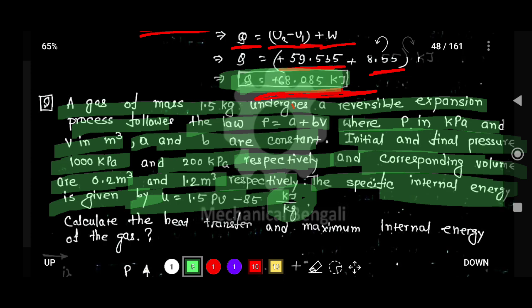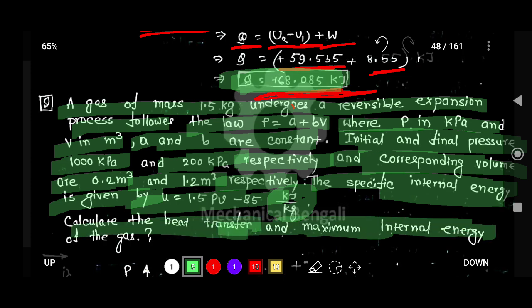Okay, so here calculate the heat transfer and maximum internal energy of the gas. So just read the question and find what is given in the question. Just write what is given, and after that if you solve this question accordingly, you find the formula.